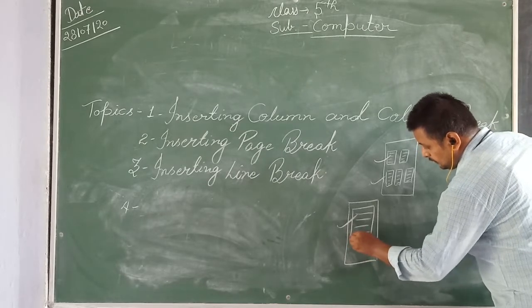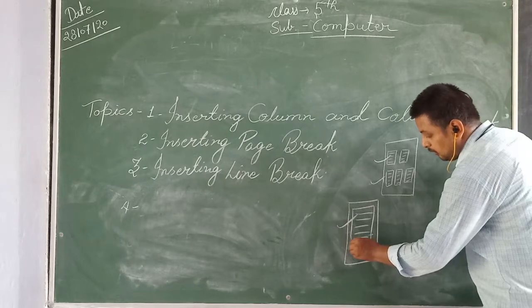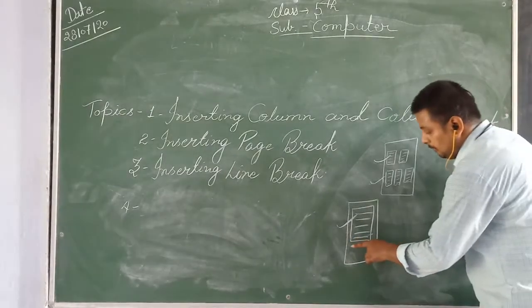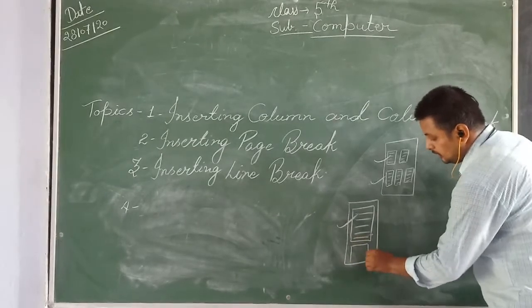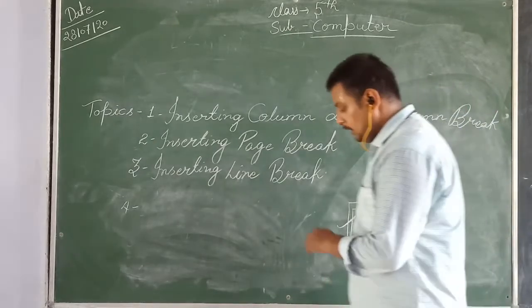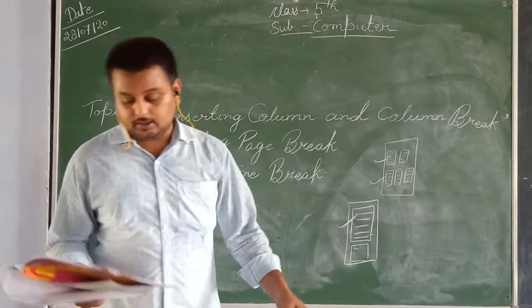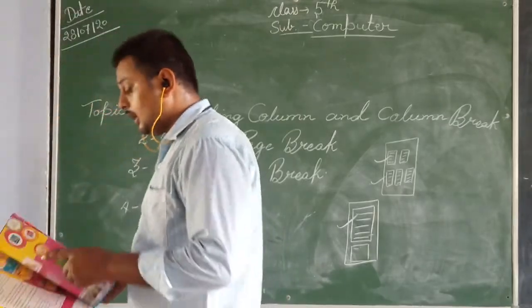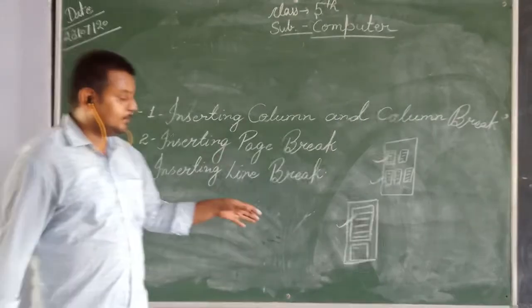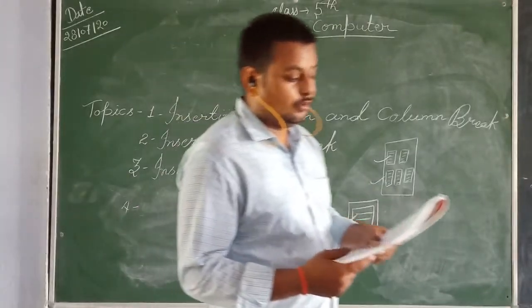If some part of your document is here and some part is just out of the column, then it will make a next column for that content. That part of the content is placed there, and after that it will look like a very professional document. By following these steps you can use the column break options. Okay, so wait a minute students.